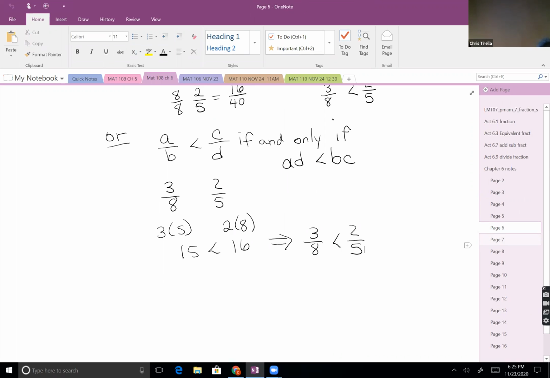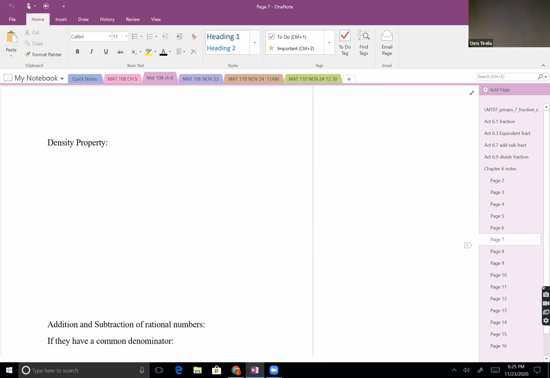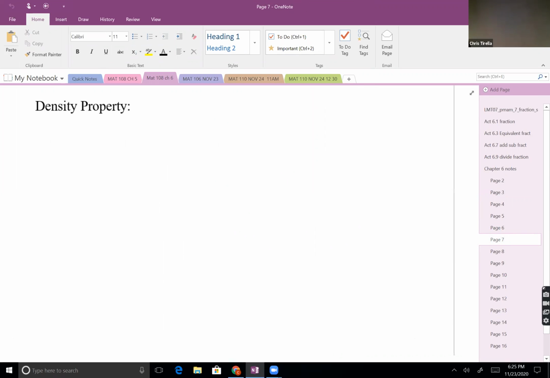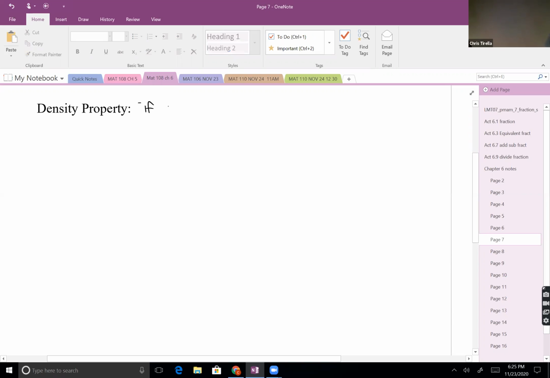If not, then the next place we're going to go is something that's called the density property. And the density property says that if R and S are rational numbers, and does everybody remember rational numbers is just a fancy way of saying a number that can be written as a fraction?